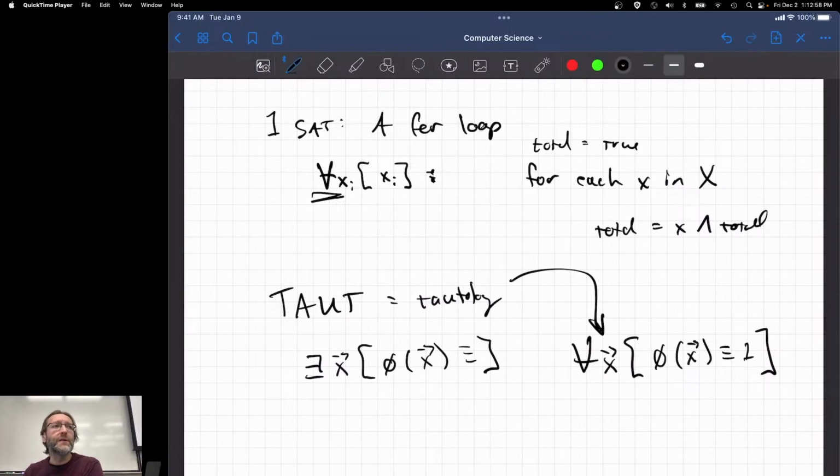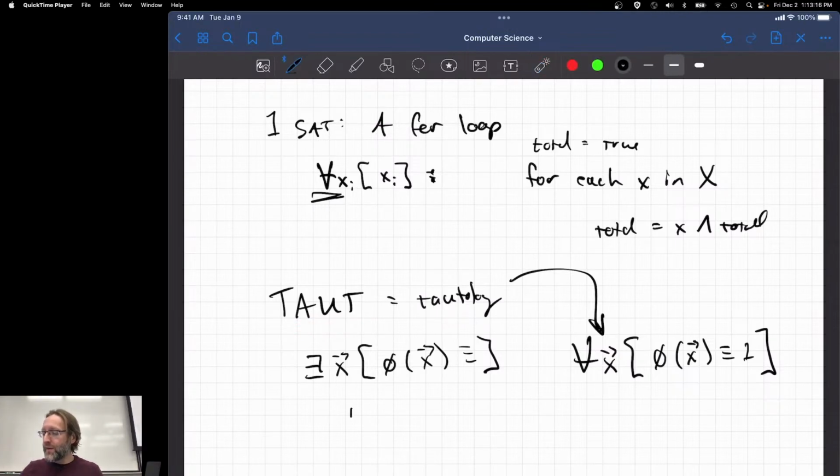Is it a tautology, right? For all truth assignments, does it evaluate to true? Now, again, what would you have to do? Brute force, generate the entire truth table. If the entire column is ones, then yes, it's a tautology. It doesn't matter what your truth assignments are.